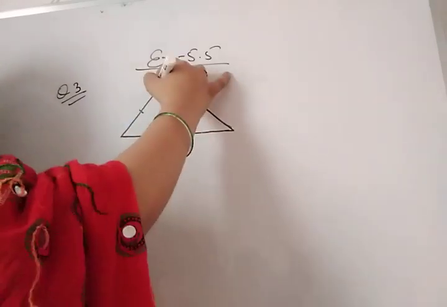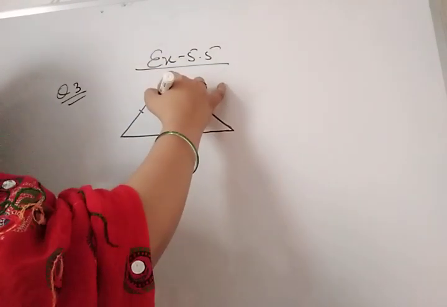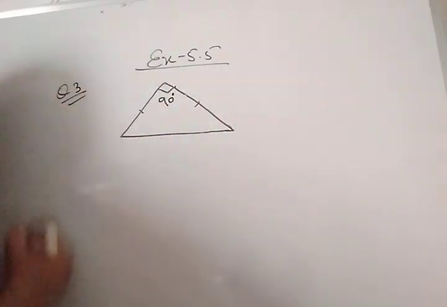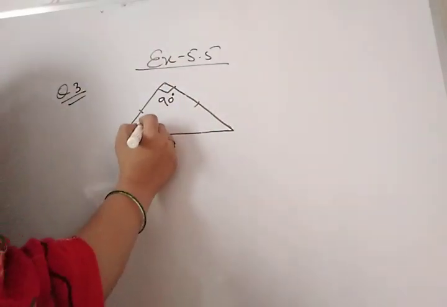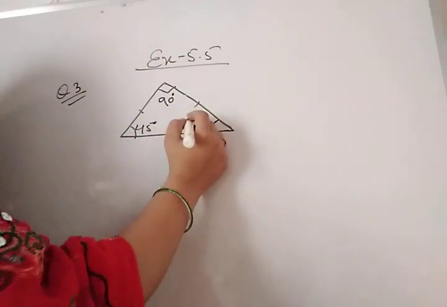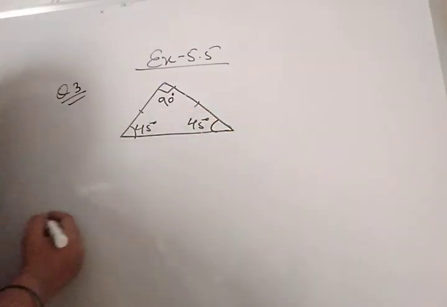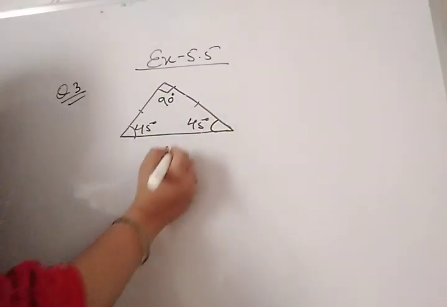So in this set square, this vertex angle is 90 degrees and the base angles measure 45 degrees.